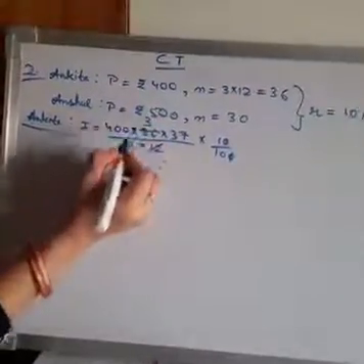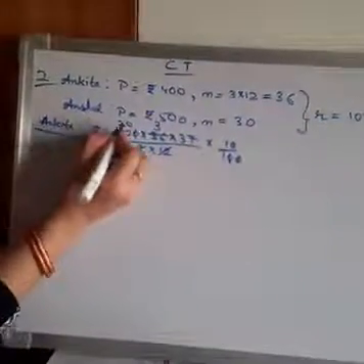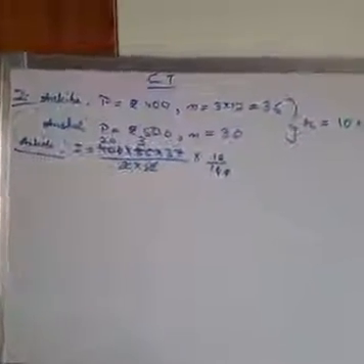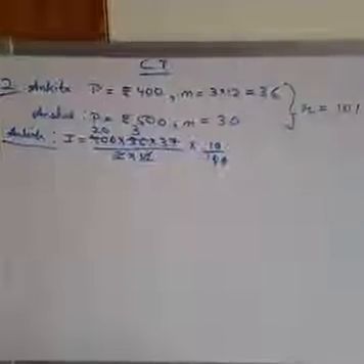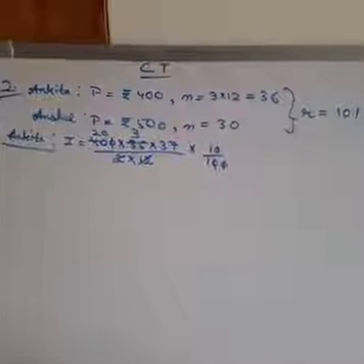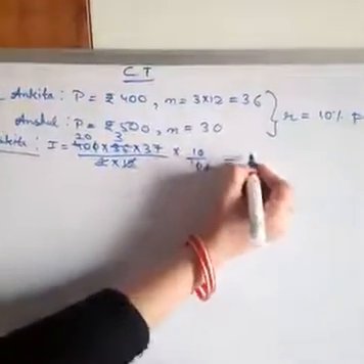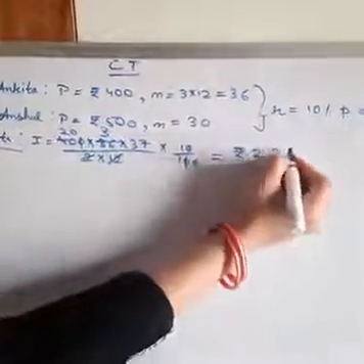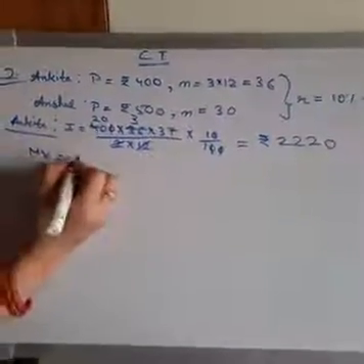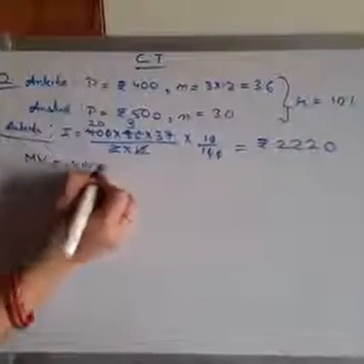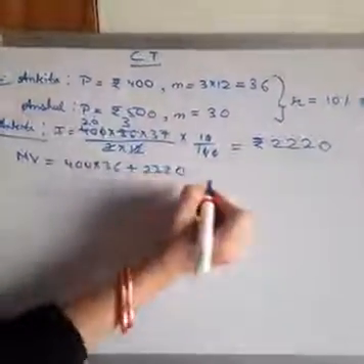So you can solve this and check what is the value coming to be. 12 into 3, this 0 will be cancelled. 2 into 20, so that means 20 into 3 into 37. So calculate it. The value will be coming to be 2220. Fine. And so the matured value for Ankita will be P into N plus I. That means 400 into 36 plus 2220.